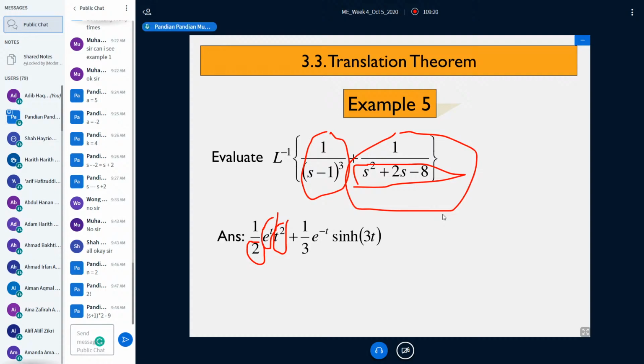Your k is 3, so 3 over s plus 1 squared minus 9. Outside you must multiply by 1 over 3, so that's why the 3 is here. This is because s squared minus k squared, where k squared is 9, so k is 3.